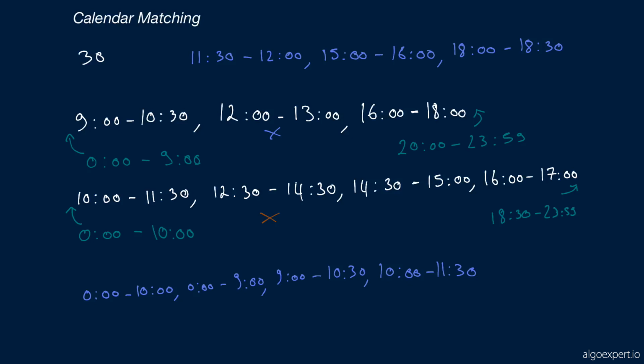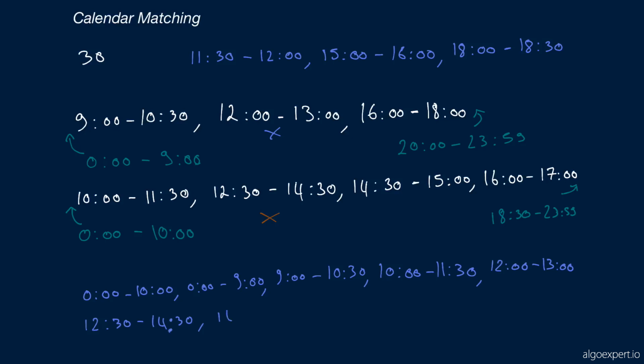So now I guess I'll go a little bit faster. I'm no longer going to look at the pointers. I'll just do it very quickly at a glance, since I think it's pretty clear the technique that we're using here. But the next meeting is going to be 12 to 13. The meeting after that is going to be 12:30 to 14:30.